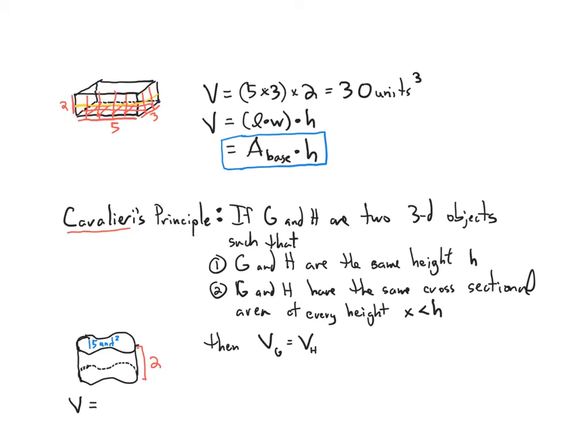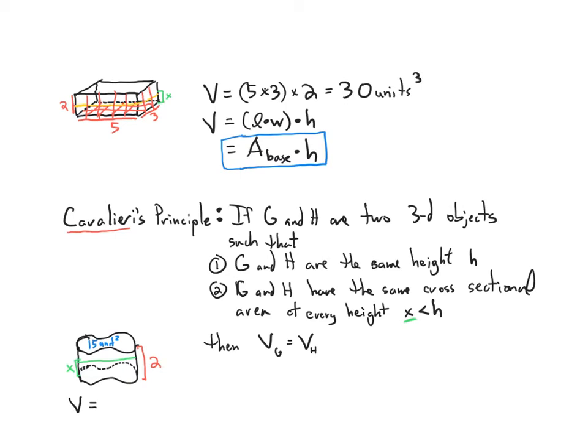And the other thing is, the cross-sectional area, if you cut it at the same height in both places, also has to be the same. But this is a prism-like object, so if I go up here, some sort of height, let's call this distance x like we did here, and I take a cut here, and I do the same here. I go up to a distance of x, and I take a cut.